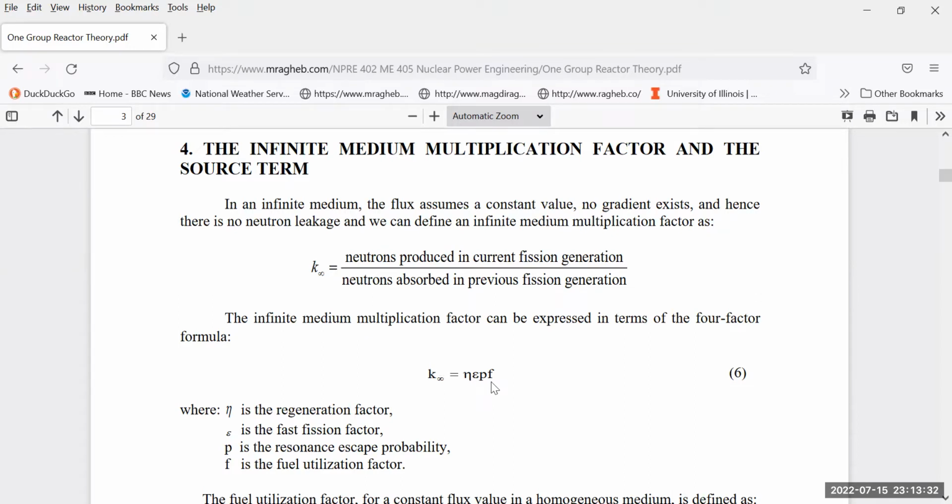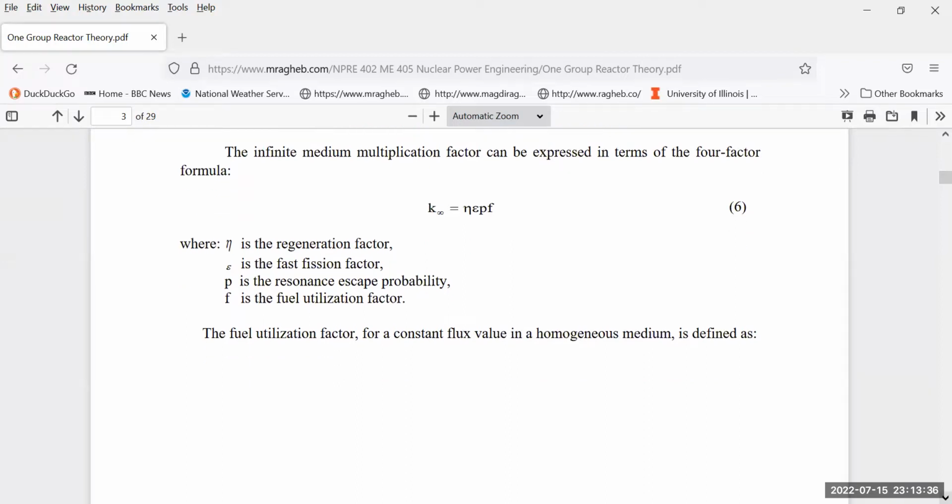The fission process occurs in 4 different steps, and that infinite multiplication factor is described by 4 factors. That is a very simple formula to try to remember, designated as the 4-factor formula.